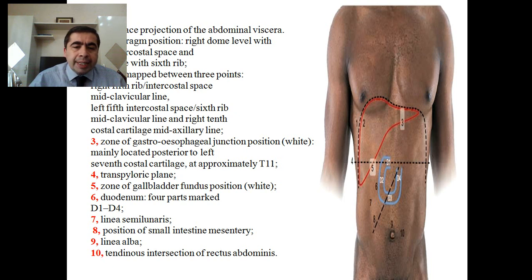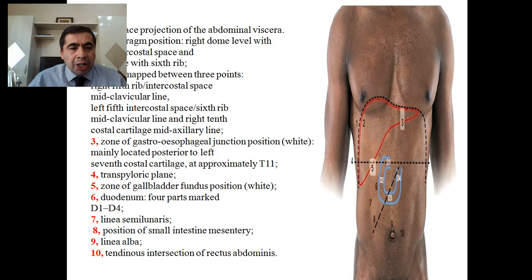the small intestine mesentery. During our next lecture we will explain the mesenterial part of the small intestine. It includes the jejunum and also the ileum, and they have the mesentery.